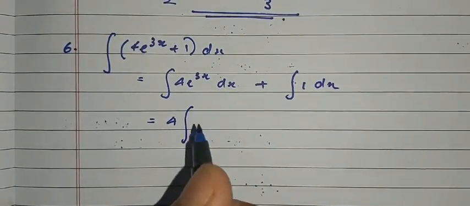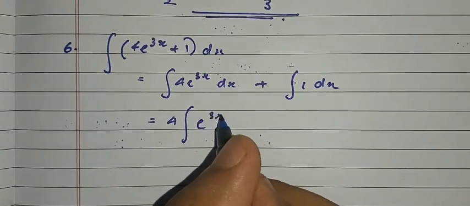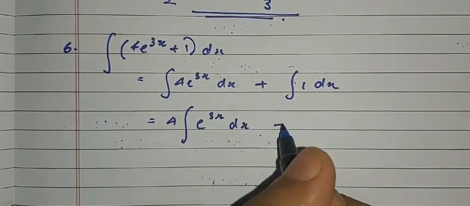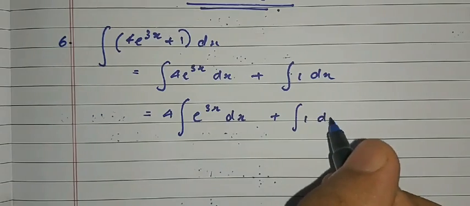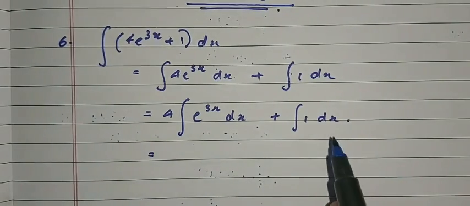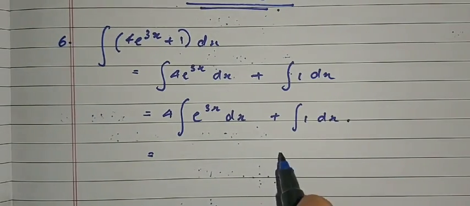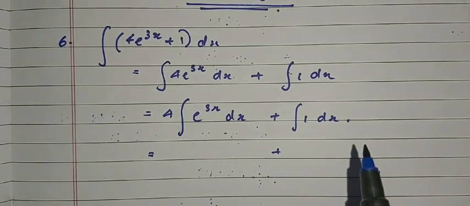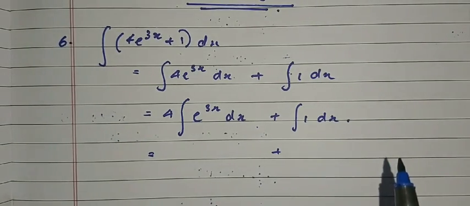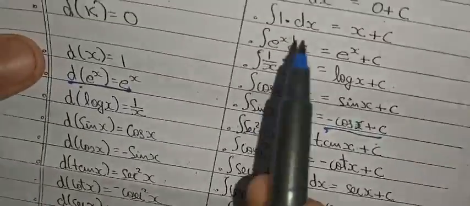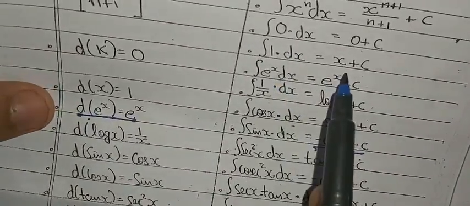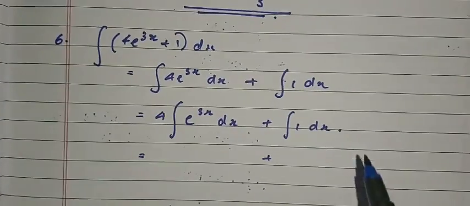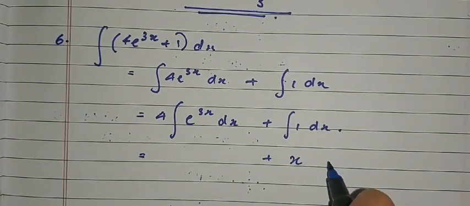So 4 into the integral of e raised to 3x dx plus the integral of 1 dx. Now 1 dx is easy to find out. What is the integral of 1? The integral of 1 is x itself, so it will become x plus c.